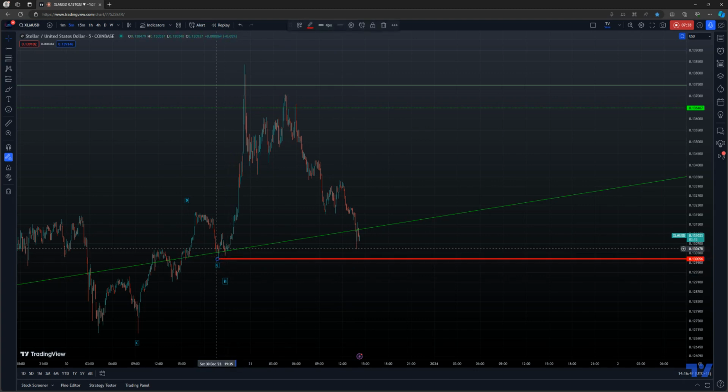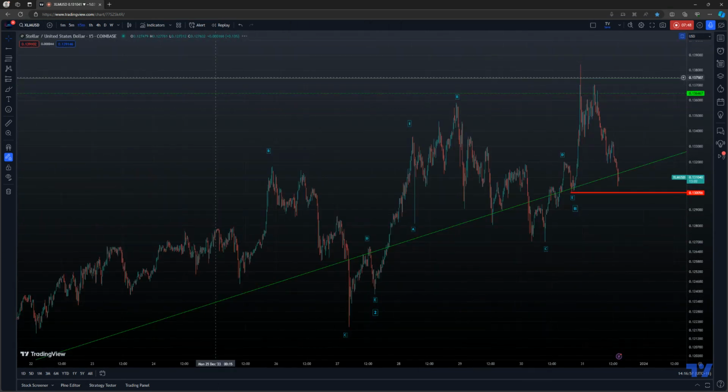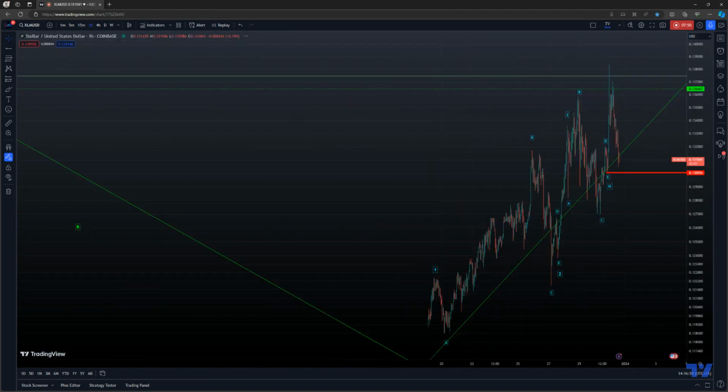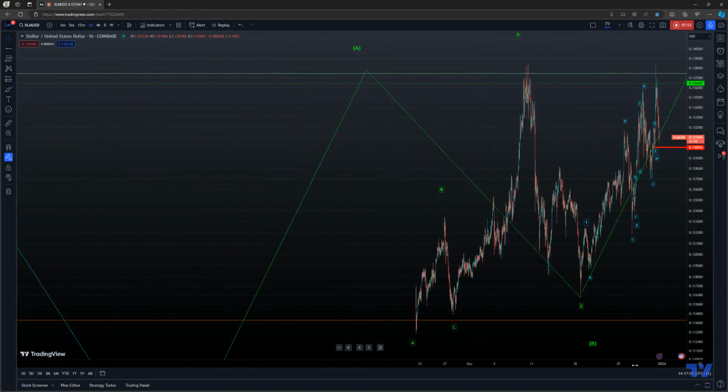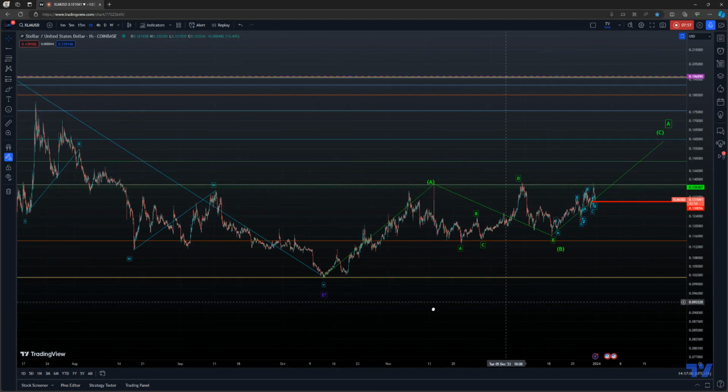So if it does break it, okay, that's great. I need to revise the count. But look, the point is that it doesn't really matter because at the higher degree, we are looking for that type of move up.